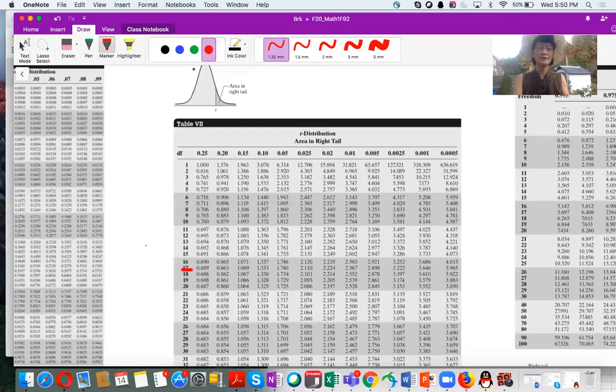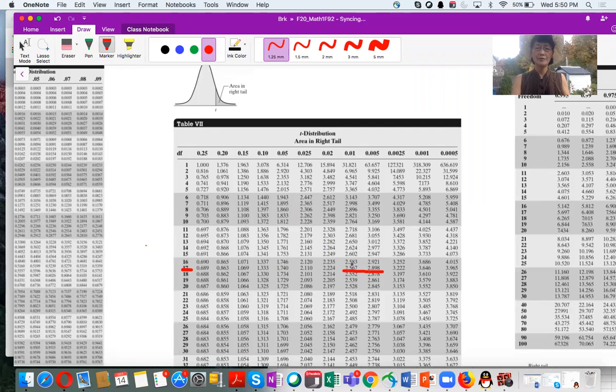Within this row, our test statistic is 2.75. 2.75 is between 2.567 and 2.898.